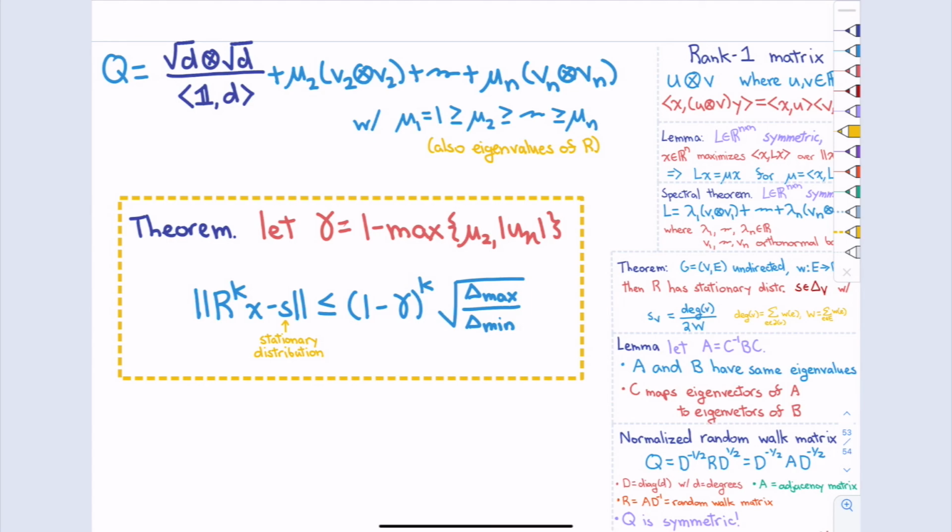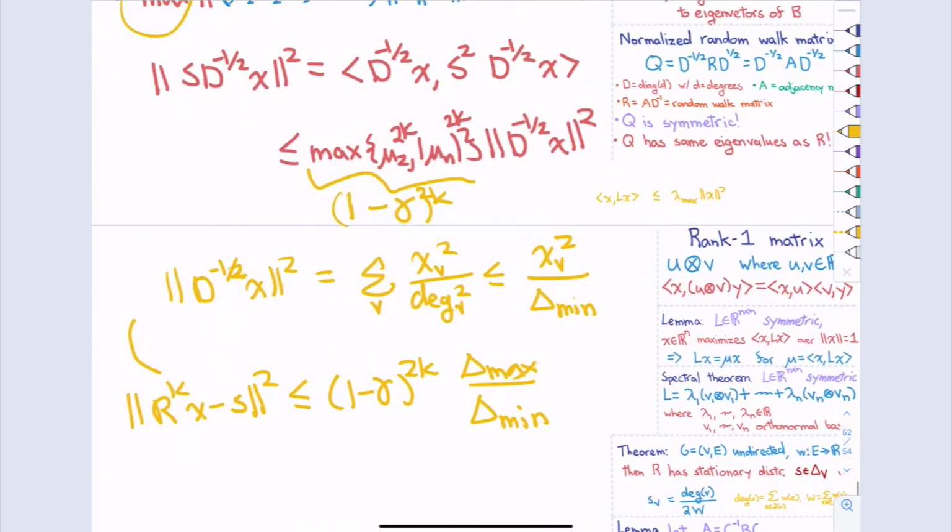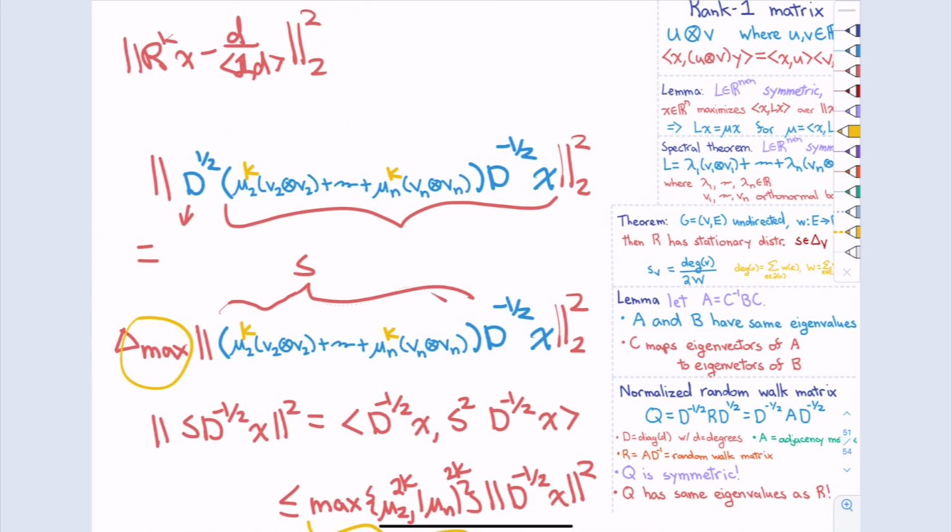So powers of the random walk of an undirected graph were easy to analyze, right? It was notationally a bit cumbersome to carry around this huge sum of outer product terms, but that's really just expressing a diagonal matrix, except having to mention the basis V2 through Vn explicitly. But ultimately, we're just looking at a diagonal matrix raised to a power of k.